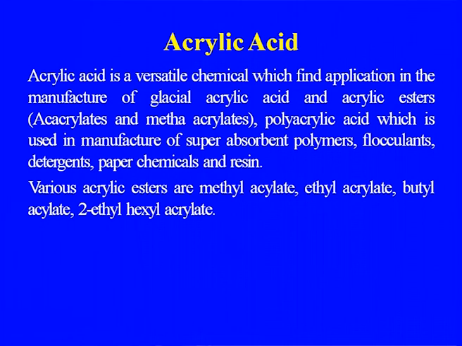Polyacrylic acid is used in the manufacture of super absorbent polymers, flocculants, detergent, paper chemicals and resin. Various acrylic esters are methyl acrylate, ethyl acrylate, butyl acrylate, 2-ethyl hexyl acrylate. So this is about the acrylic acid.